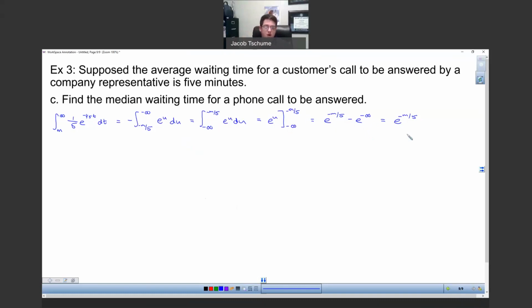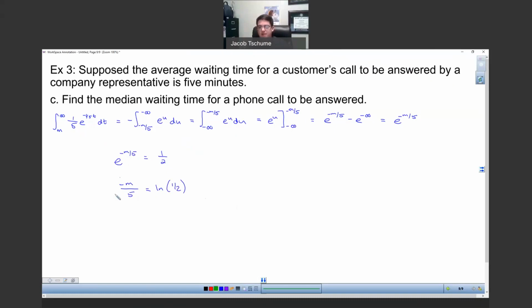We want that to be our median, that m value, which means I need to take this e value that we just found and set it equal to 1/2. Take the natural log of both sides, so you get negative m over 5 equals the natural log of 1/2.